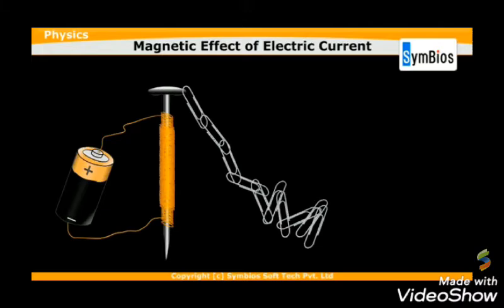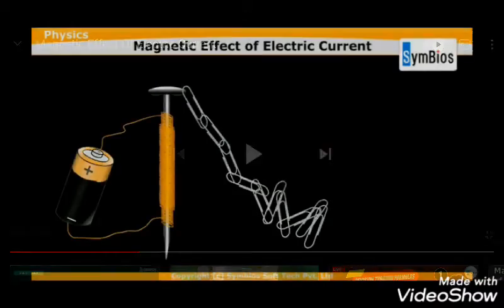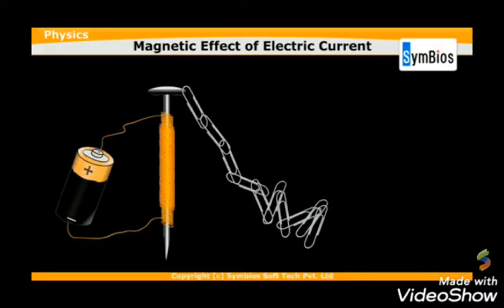You can see what an amazing thing happened now. A nail is taken, copper wire is wound around it, and the ends of the copper wire are connected to a battery, and then paper clips, not only paper clips, any pins made of iron or steel, ferromagnetic substances, are attracted towards it. Why did this happen?